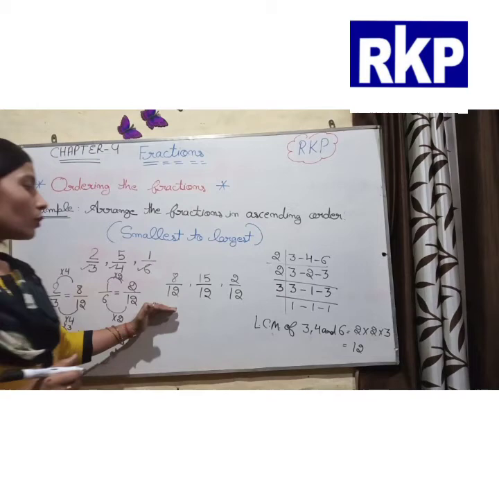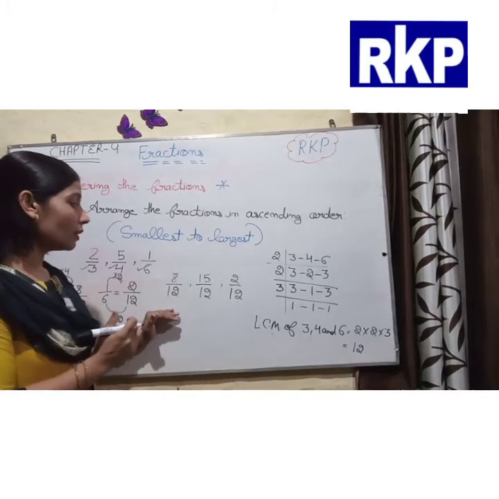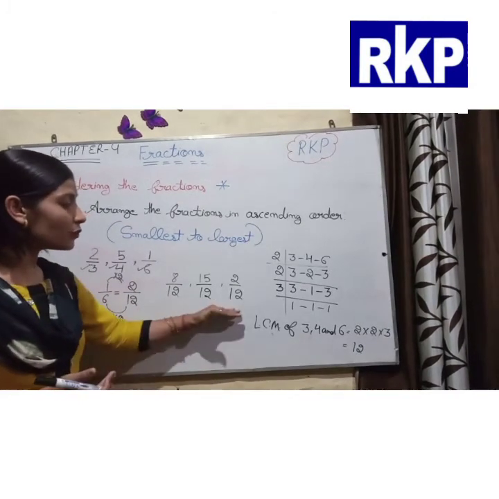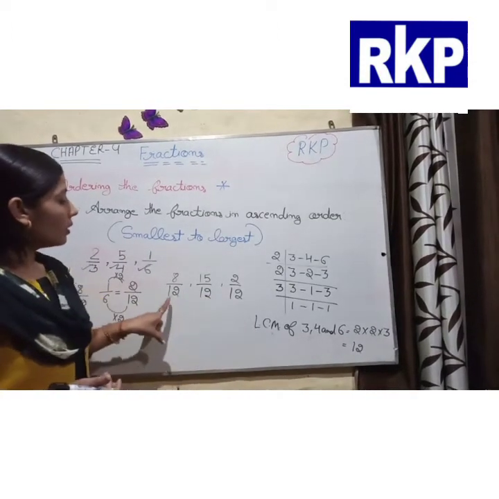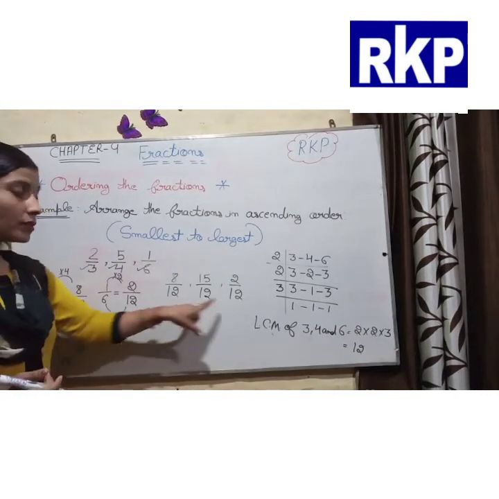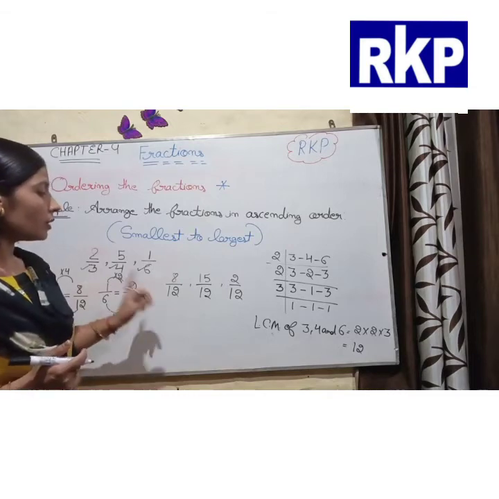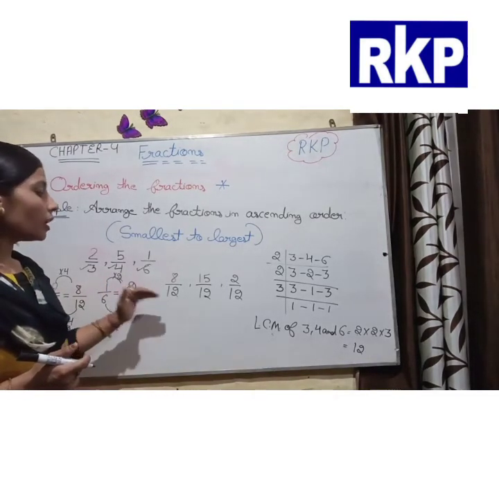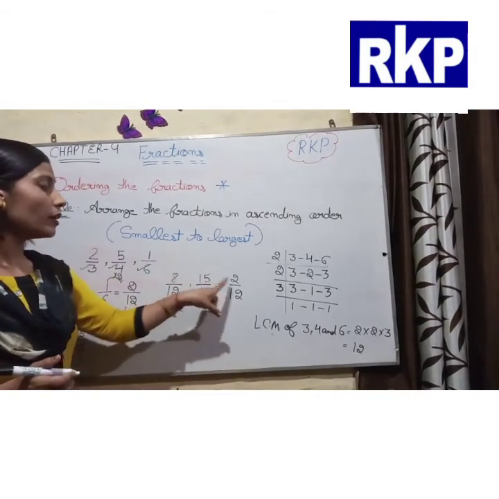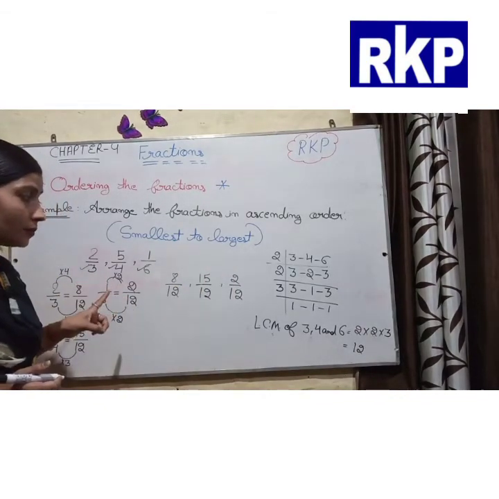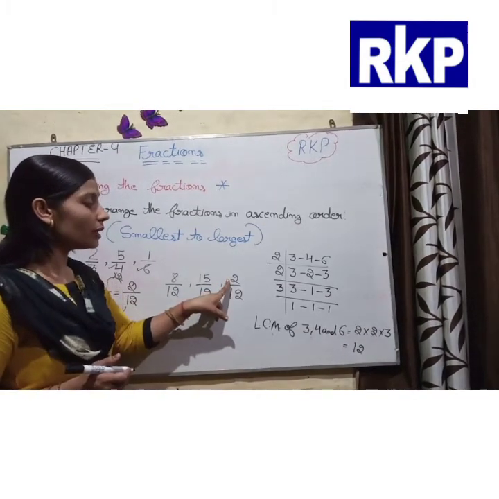Now we have to compare these fractions. First of all, we will arrange these fractions in ascending order. So here denominators are the same. So we know if in 2 or more fractions denominators are the same, then we need to check only the numerator, and the fraction with the smaller numerator will be smaller.